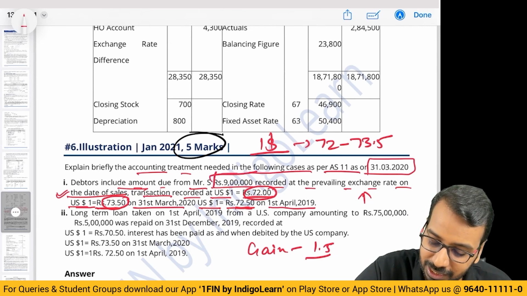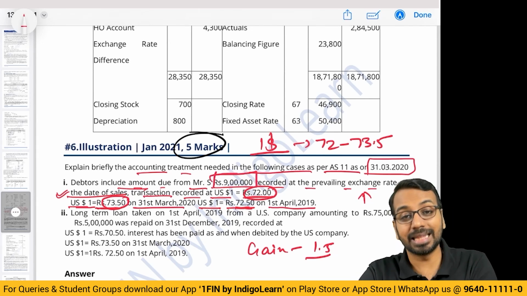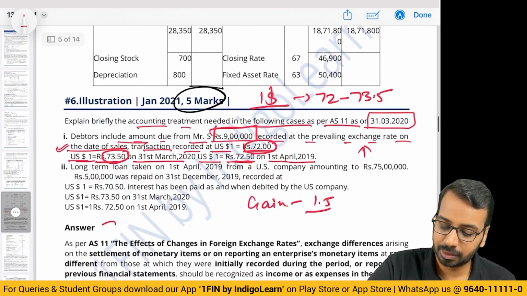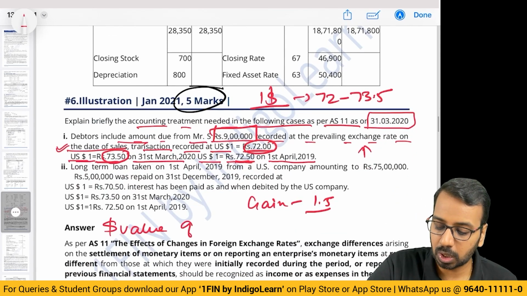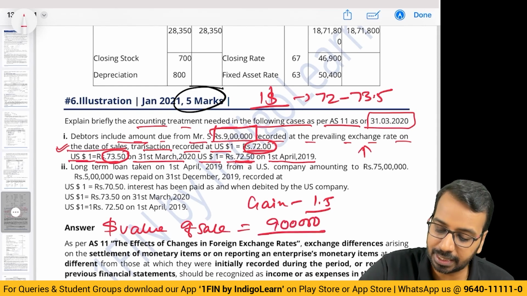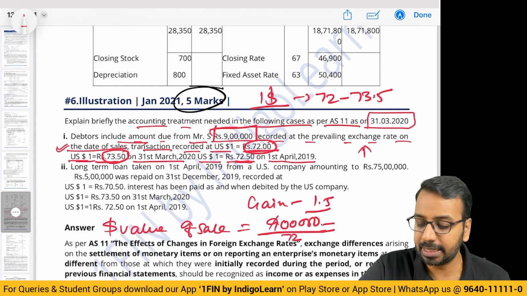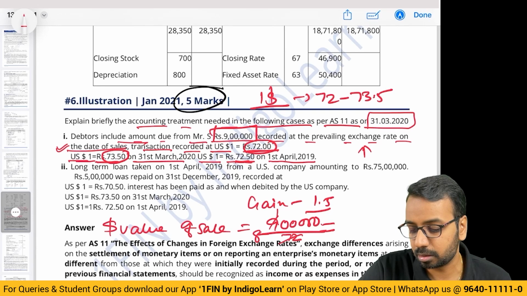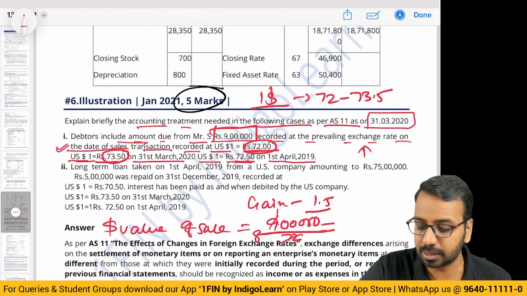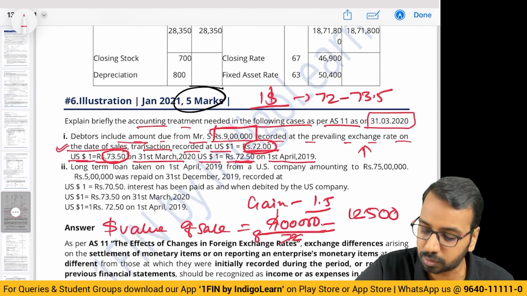Now, how to account for it? See, they have given us in lakhs. First, we have to convert this to dollars and then see what the gain is. So, dollar value of sale is equal to 9 lakhs divided by, on the date of transaction, 72. So, 9 lakhs divided by 72, that is 12,500.